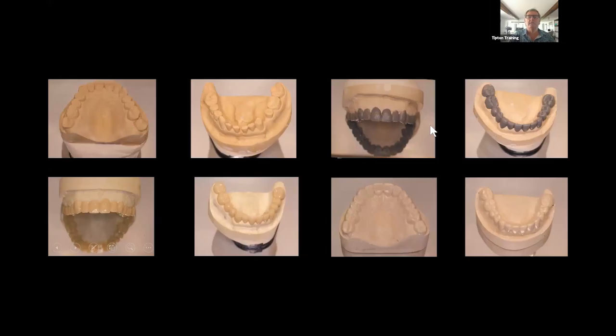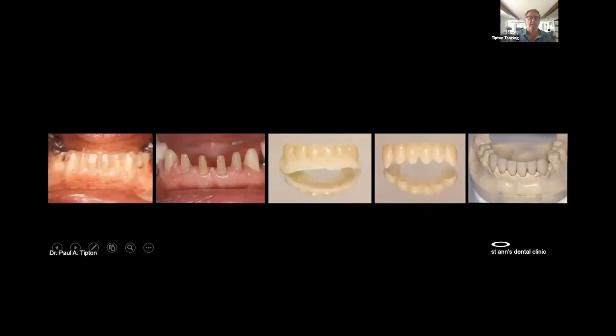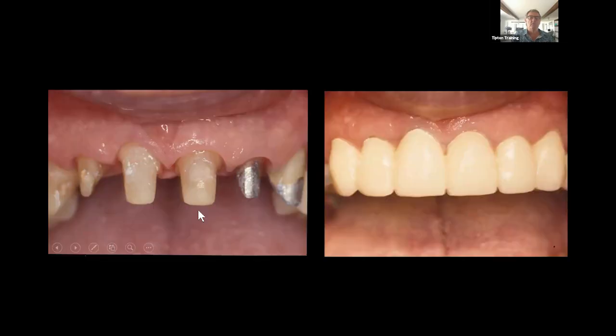Same way: mounted study cast, diagnostic waxing, lower arch first of all, prototypes, preparation guides, everything ready to go into the mouth. We use our preparation guide to prepare the teeth, take our prototypes, reline the prototypes, eventually take our impressions and get our restorations made. Same thing for the upper jaw, relining, refining our preparations, putting our prototypes in place.